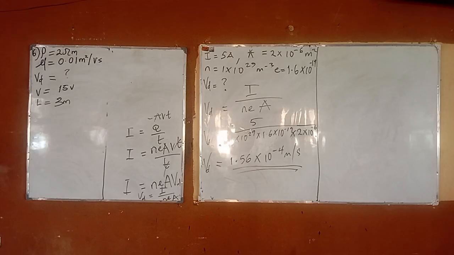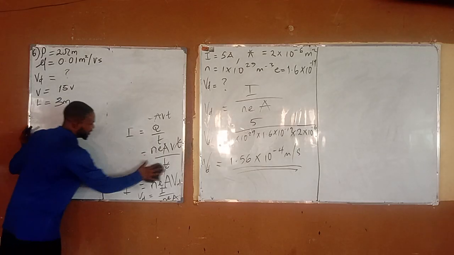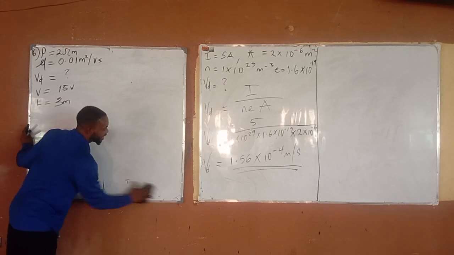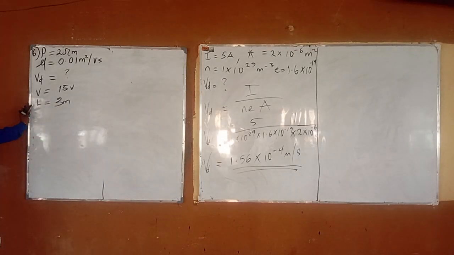So you see that it's almost like the other one. The truth is that once you get the concept from the last class and what we did today, it doesn't change. That is why I told you that second semester physics is simpler than first semester, because it's not like first semester where you have to pick a lot of formulas. Once you master the principle, it's almost the same thing each time. It's not something you even need to cram. If a wire is going to have resistance, if the length is too big, the resistance will be big as well because it will offer opposition before current will flow.